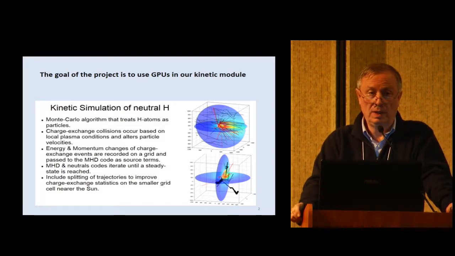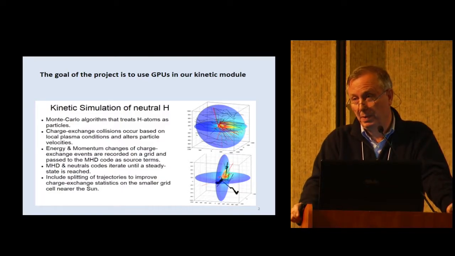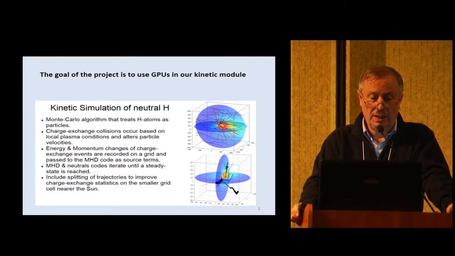We solve MHD equations coupled with the Boltzmann equation, and we use the Monte Carlo method to solve the Boltzmann equation. The reason we are solving the Boltzmann equation is that the mean free path for charge exchange between hydrogen atoms and protons can be very large.